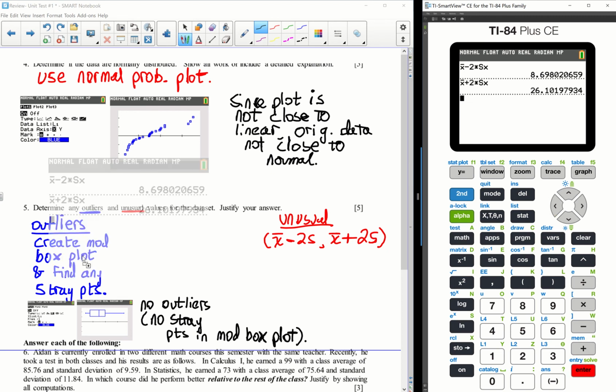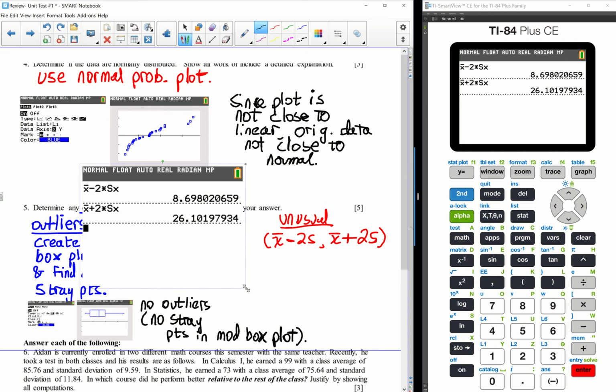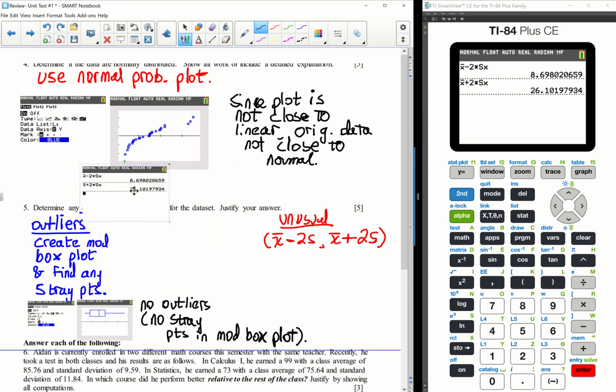And so this would be our usual interval. I'll just jot this down here. So we're talking the usual values.